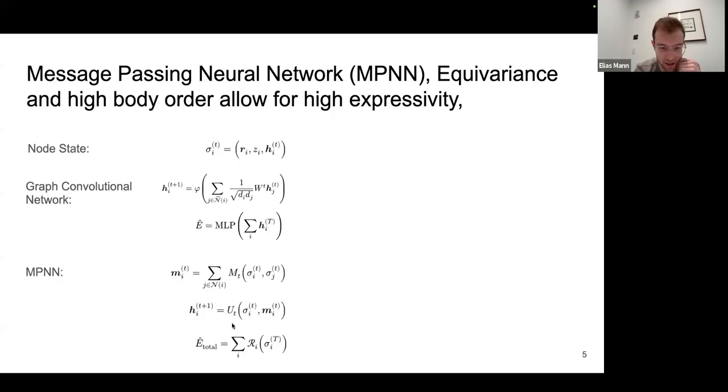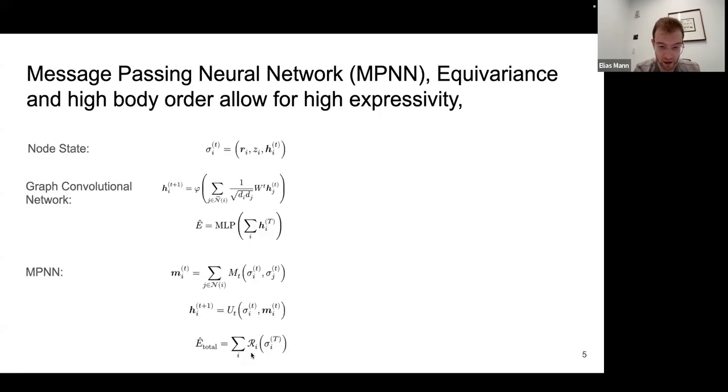You update your hidden state by some other learnable function that takes the message you've aggregated across all of the neighbors, and you combine it in some way with the current state of your current node, and then you update your hidden layer. And then on the output, each individual node has some other readout function.